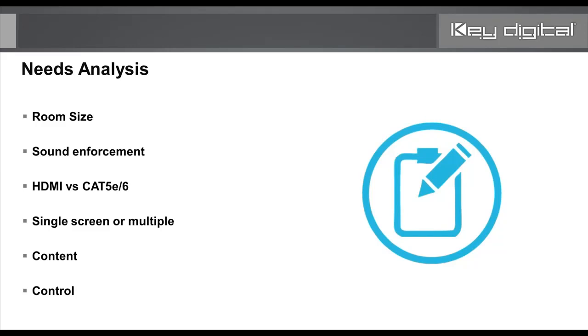This is going to help determine if sound enforcement is needed, whether it be in-ceiling speakers to play the audio of what is showing on the screen, or the need to integrate a microphone into the system. The size of the room is also going to determine what type of cabling, if everything is going to be more of a localized system.